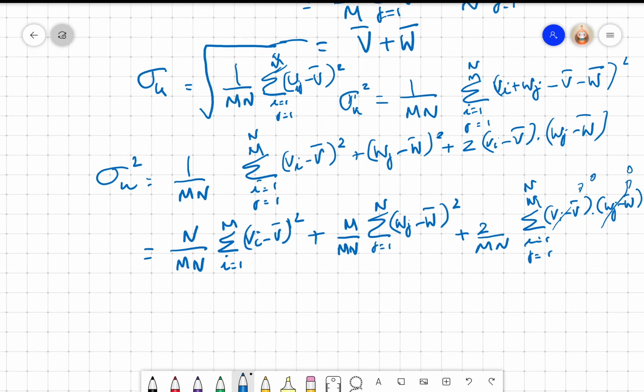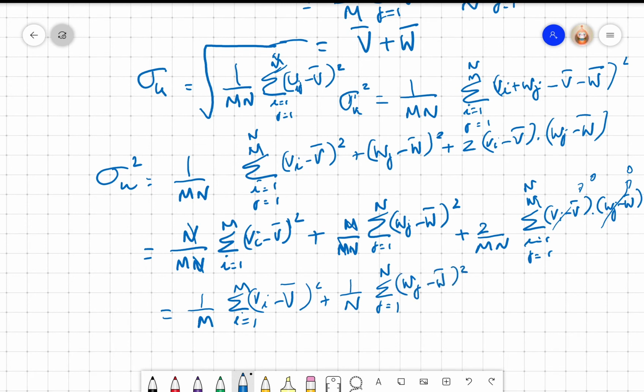So that is left. So I can cancel m here, n there, and I would get 1 by m sigma I equal to 1 to m vi minus v bar whole square plus 1 by n sigma j equal to 1 to n wj minus w bar whole square, right?